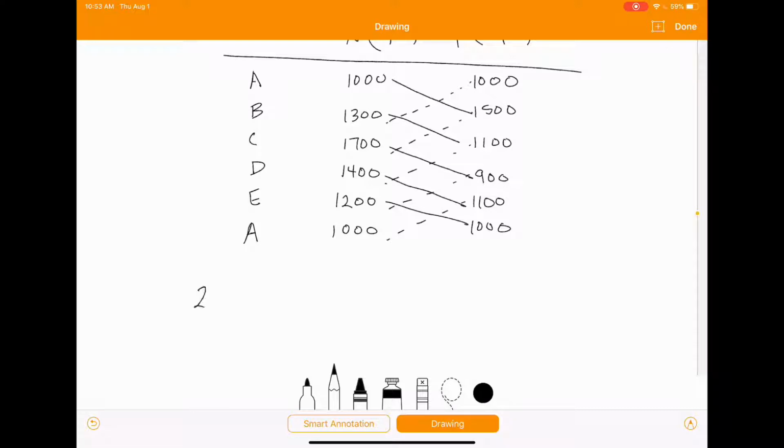Now, your double area of your traverse is going to be equal to the sum of the products of your solids minus the sum of the products of your dashed.